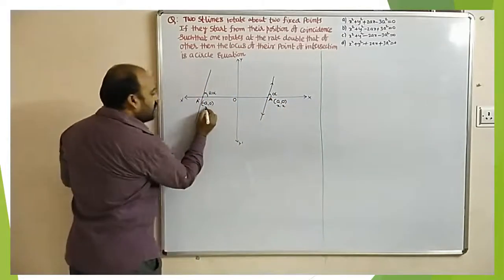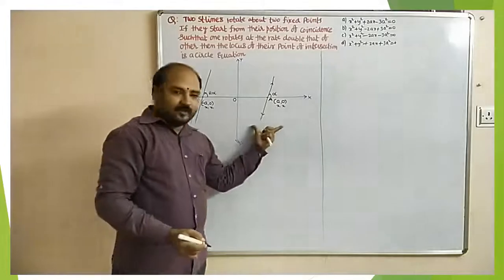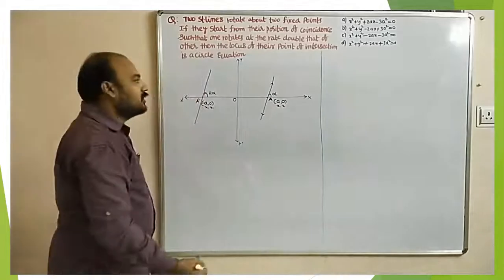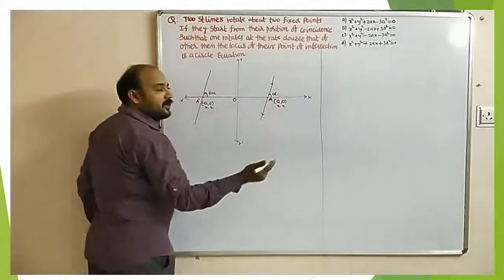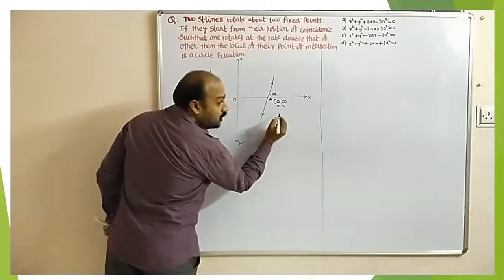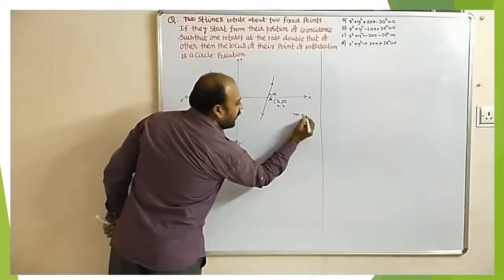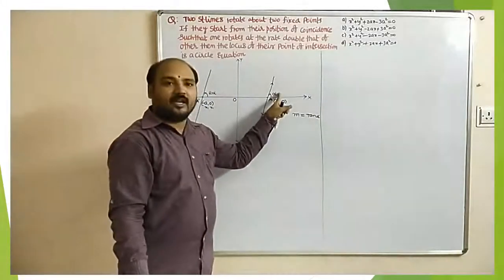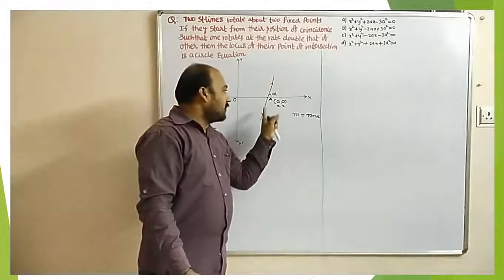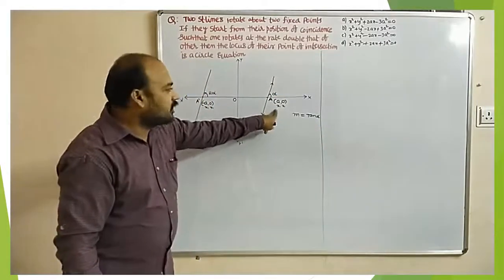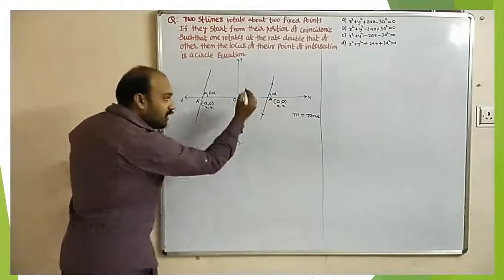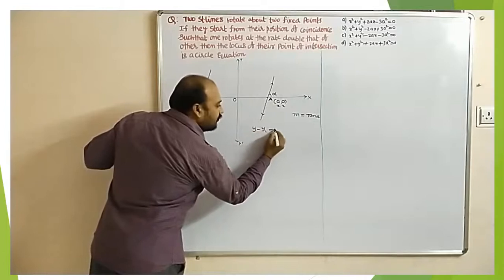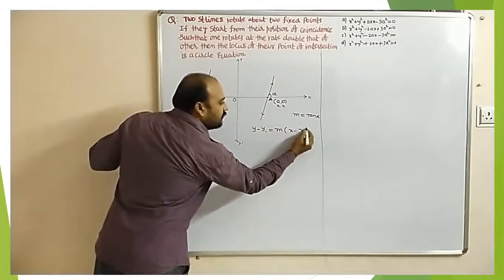The point is (x1, y1), here also (x1, y1), and this line making an angle alpha with the x-axis, then slope m equal to tan theta, but theta here is alpha. Therefore the slope of the line m is equal to tan alpha. Therefore this line passing through (a, 0) with slope m is y minus y1 equal to m into x minus x1.